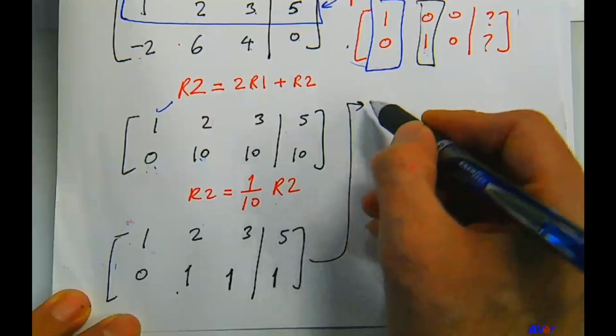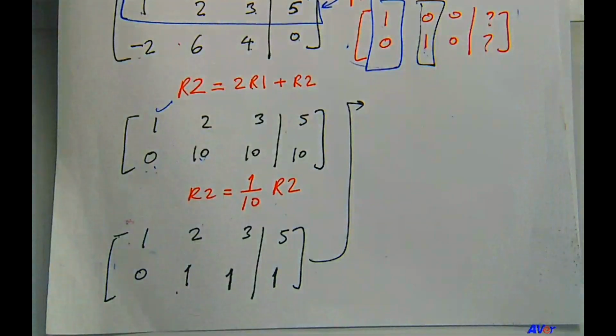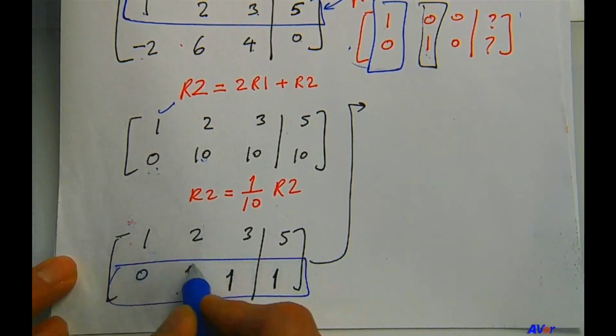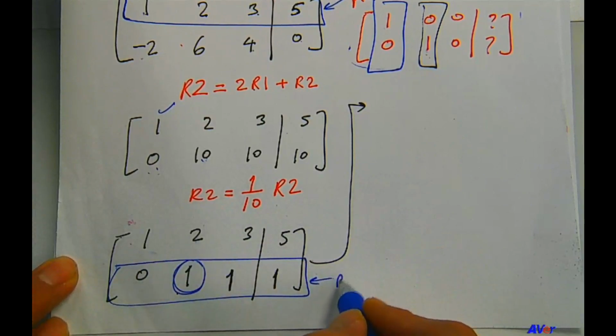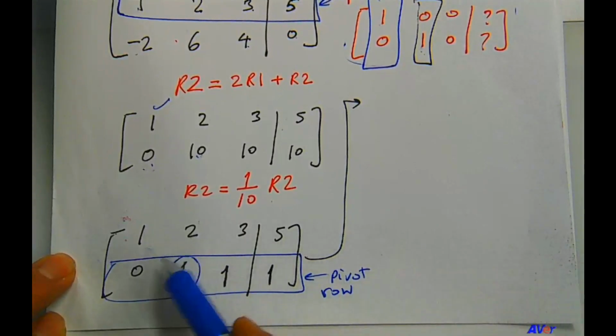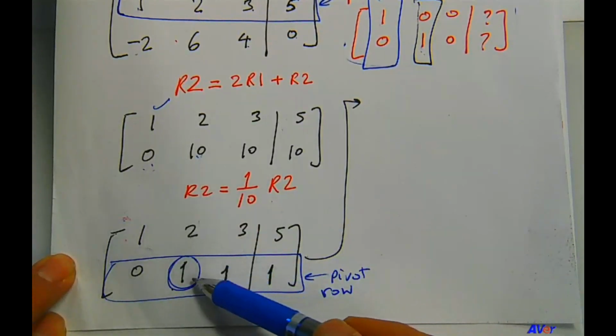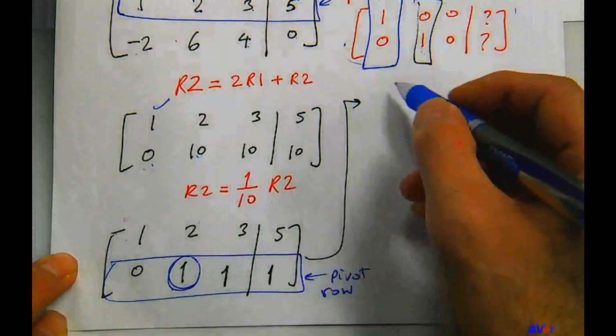Before we do that, let me ask you this. Which row is the pivot row at this point? If you answered row 2, you are correct, because we just got the diagonal 1 in that row. It's in the second row, so that's the pivot row. That's important because we need to use the second row to convert the 2 to 0.